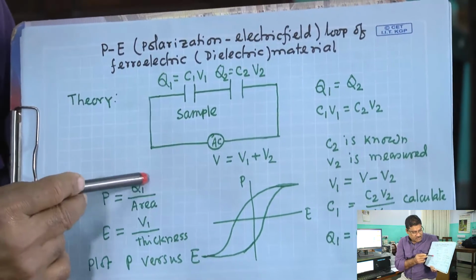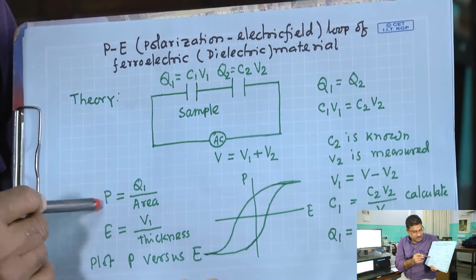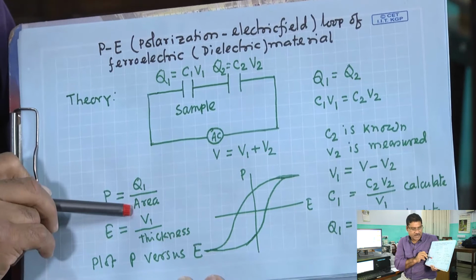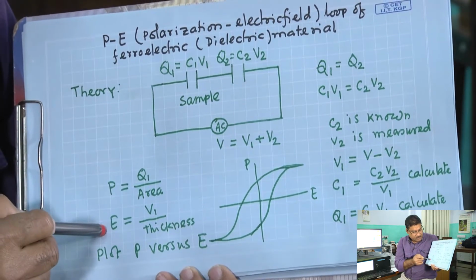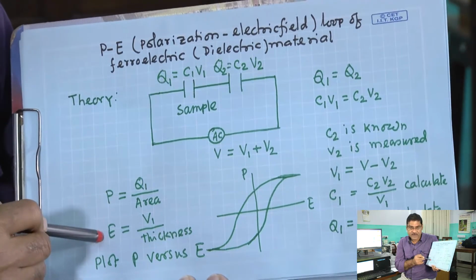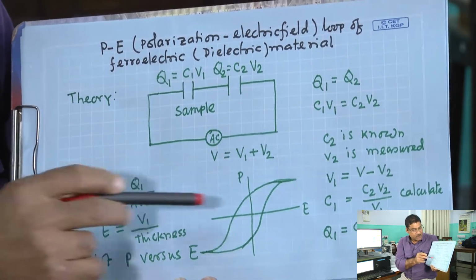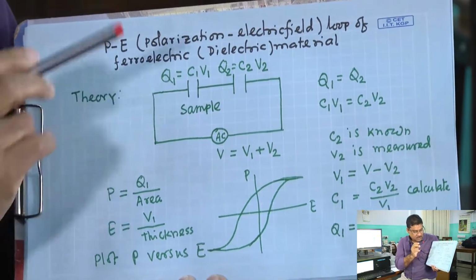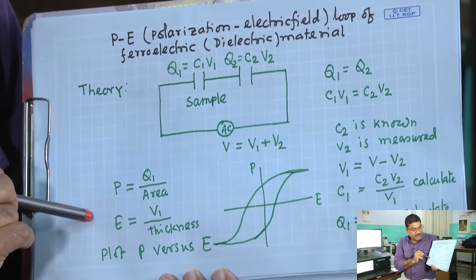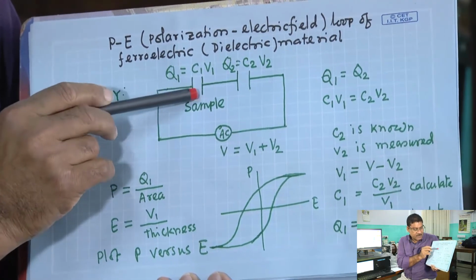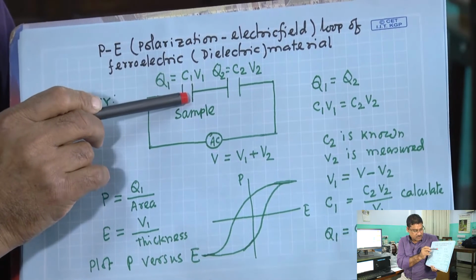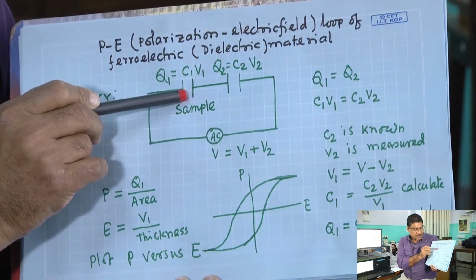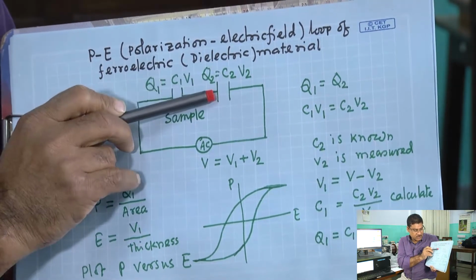So, one can find the polarization P as Q1 by area, and the electric field from V1 divided by the thickness of the sample. Basically, we are using a ferroelectric sample between two capacitor plates, and one known capacitor will be used.